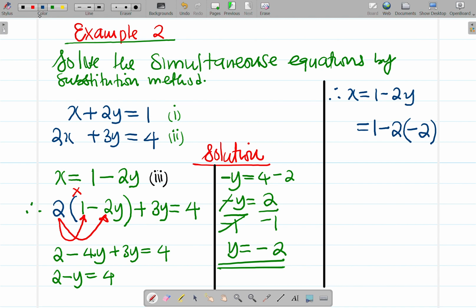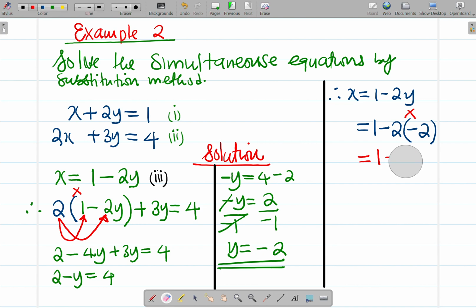Now remember, this bracket is always treated as times. So this negative times this negative, my result is always going to give me a positive. So this is the same as 1 plus 2 times 2, you have a 4 there.